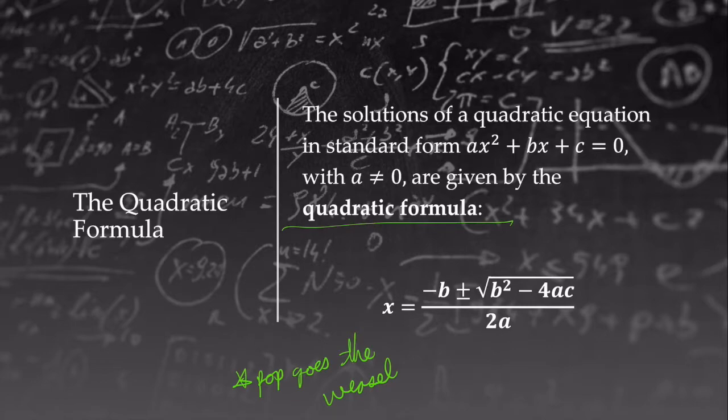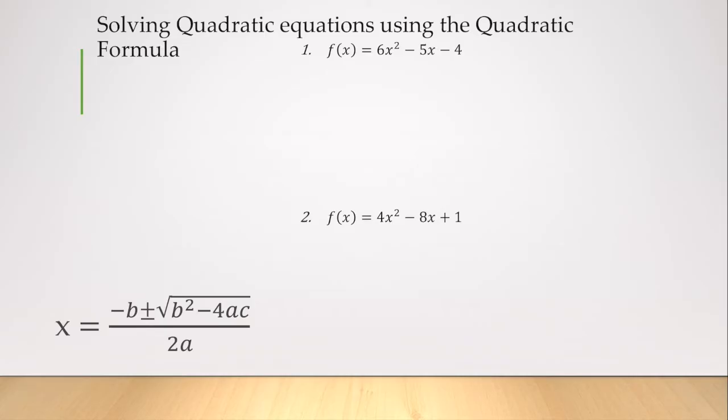So let's go ahead and solve some equations using the quadratic formula. One thing I like to make sure I do when I'm using the quadratic formula is remember my ABCs. It's amazing how easy it is to just get these mixed up a little bit. So I like to start out by saying A is 6, B is negative 5, C is negative 4, remembering to take those negatives with us.